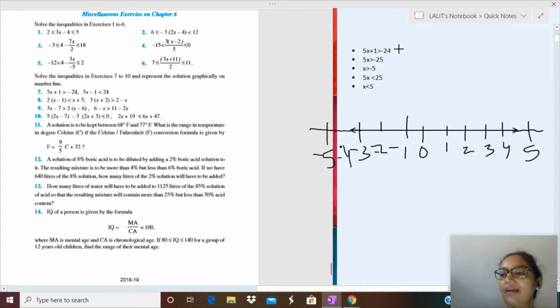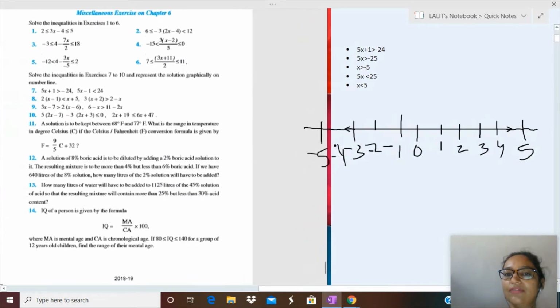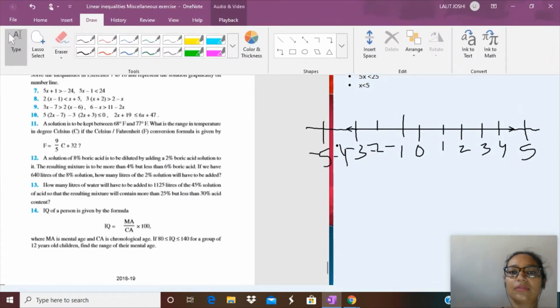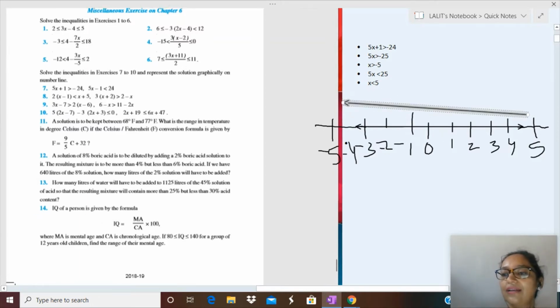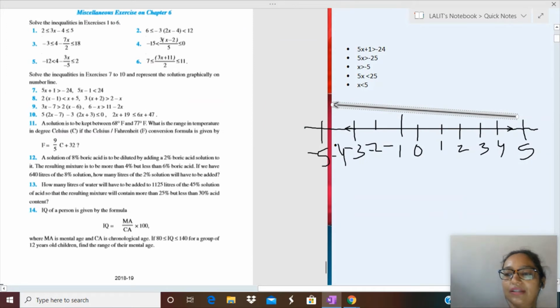And now what I'll have, I'll just have a circle. I'll just draw a line first of all. So it will be a line from 5, since it is less. So it will go like this, right? And we will have it in this particular direction, right?